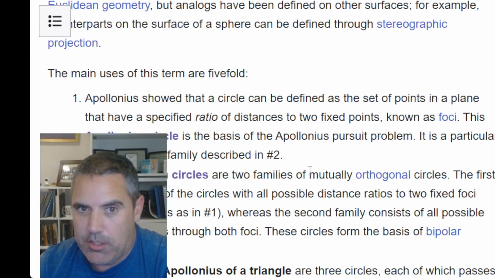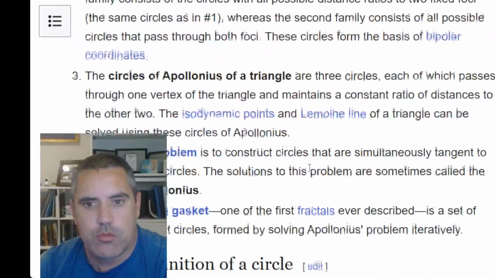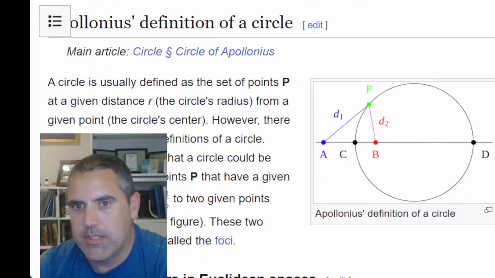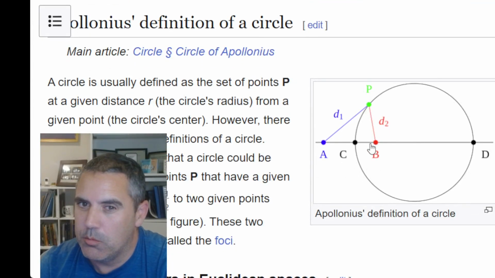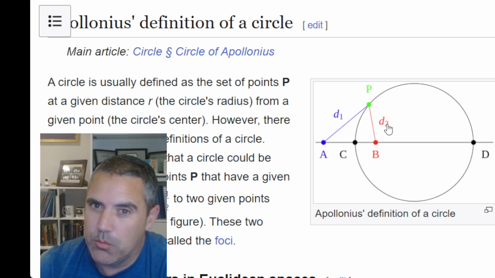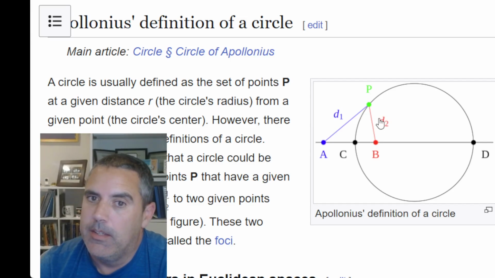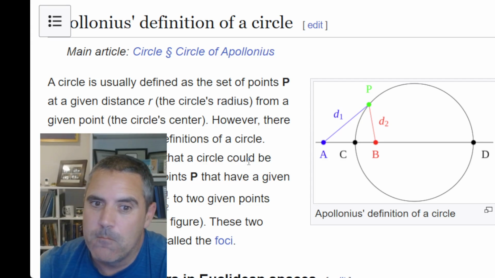It's an observation that, among other things, this is another way you can describe a circle. You can see this little picture, where we have these 2 points, we have these 2 distances, we have a certain ratio we want. In this case, one is twice the other, so we're doing 2 to 1. And that does give a circle. That's kind of surprising.